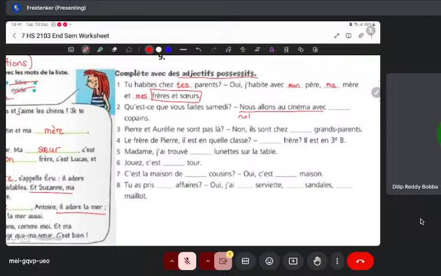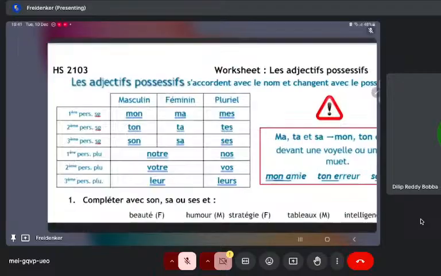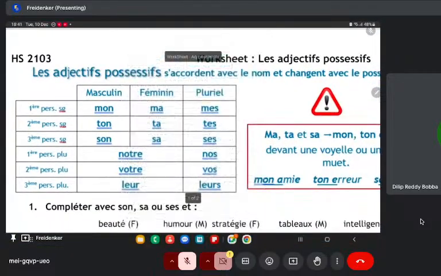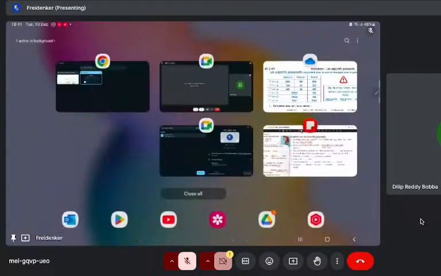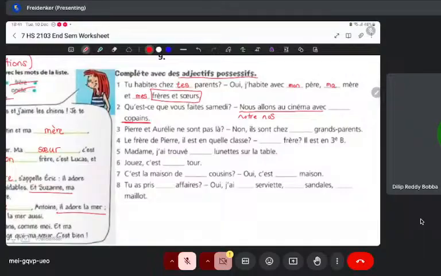We have notre, we have nos. If you look at the table, nous has notre and nos as the possibilities. Now look at this. Is this singular or plural? That is very much plural because it has an s. So plural means I will get nos now. So we go to the cinema with our friends. So this is our friends.